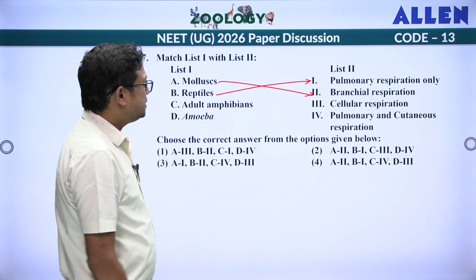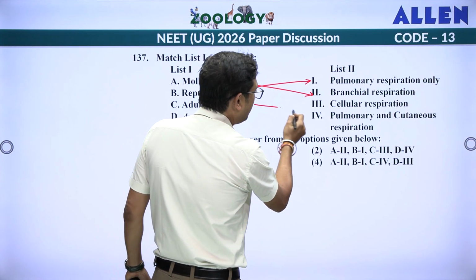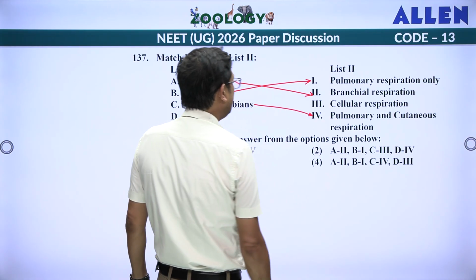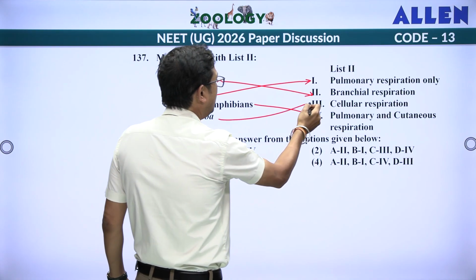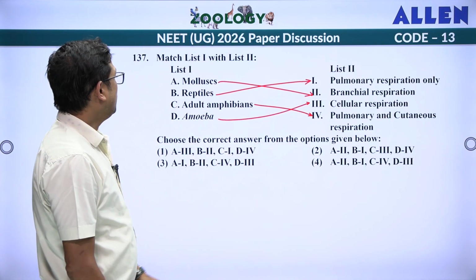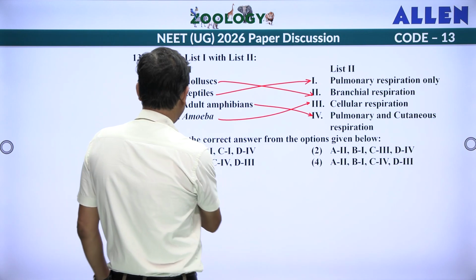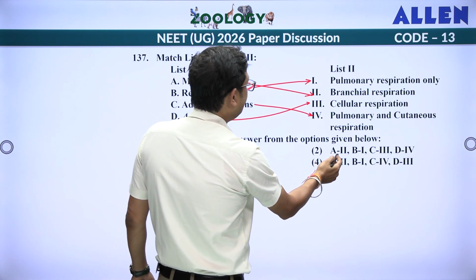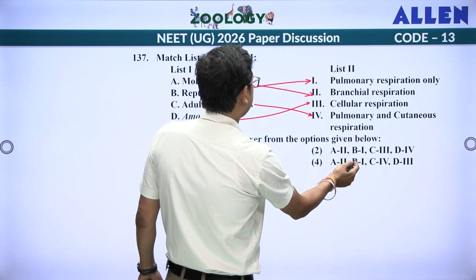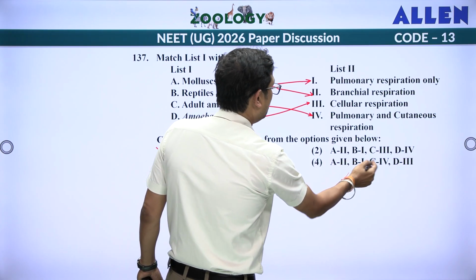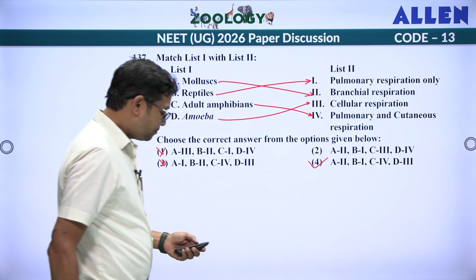Adult amphibians can perform pulmonary as well as cutaneous respiration, and amoeba goes to cellular respiration. So, A should be 2. So, this 2 eliminated, A2, B1, C is 4. So, answer is 4th one.